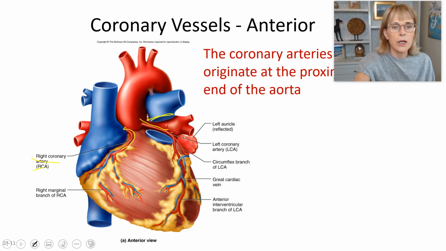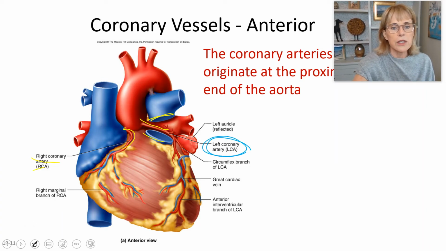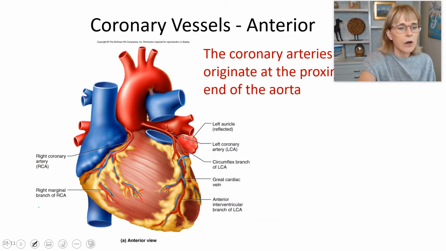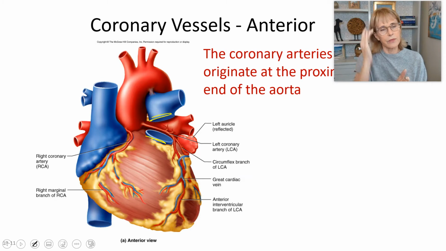I want you to notice that in order to see the left coronary artery, we actually had to cut away this pulmonary trunk so that we could show you the left coronary artery. Blood inside of the left atrium and the left ventricle is really rich in oxygen.